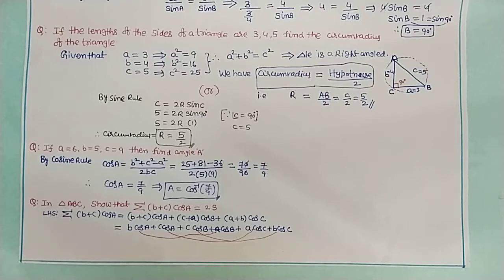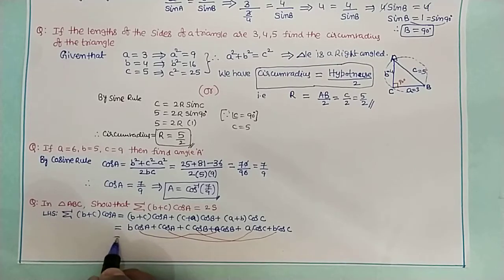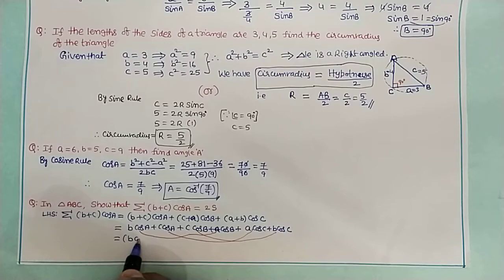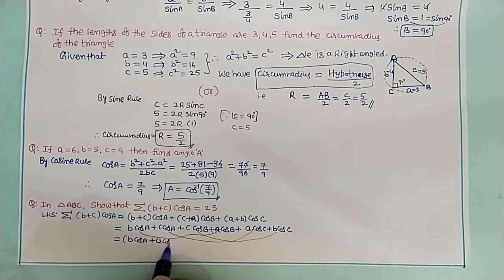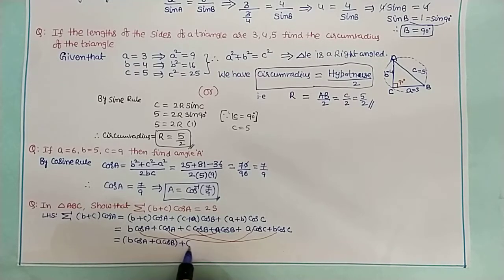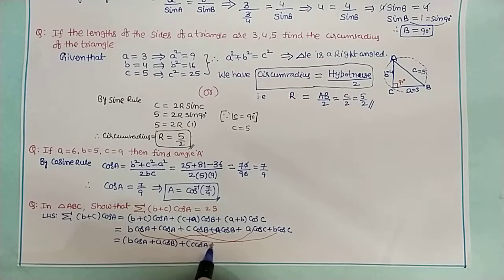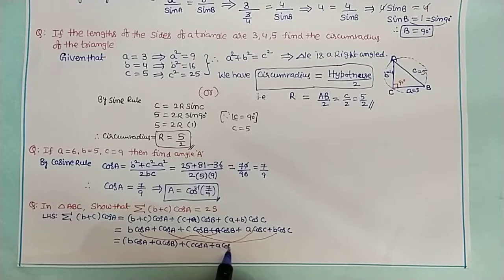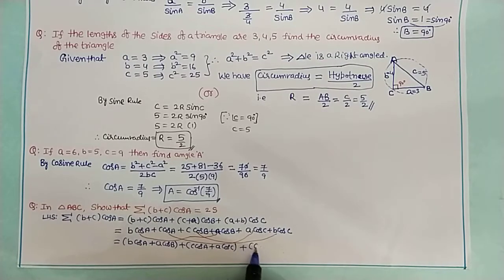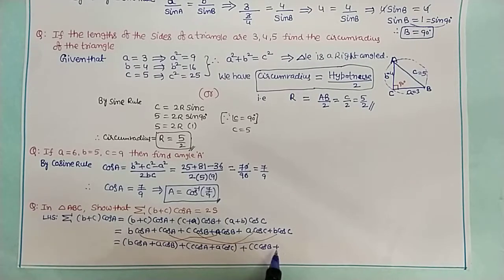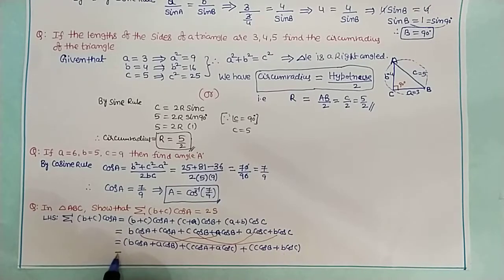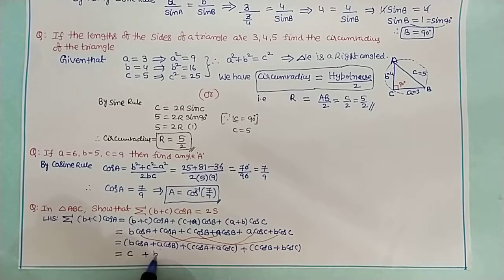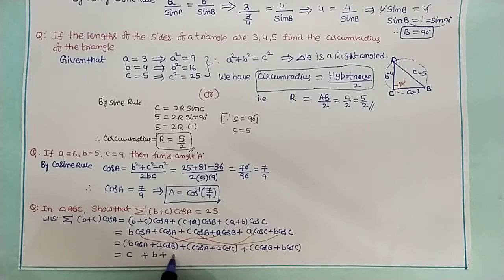So in formula form we are going to get b cos A plus a cos B plus c cos A plus a cos C plus c cos B plus b cos C. This value equals small c, this value is small b, this value is small a.